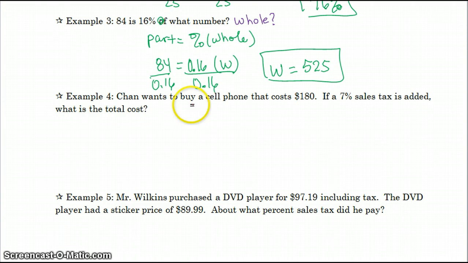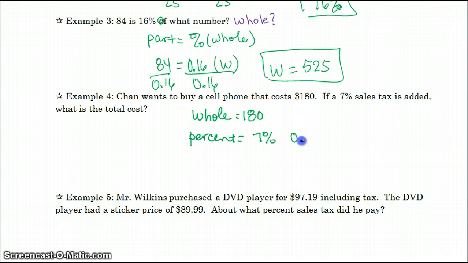All right, Shan wants to buy a cell phone that costs $180. If a 7% sales tax is added, what is his total cost? So the cell phone cost $180, the whole. Our percent here is 7%.